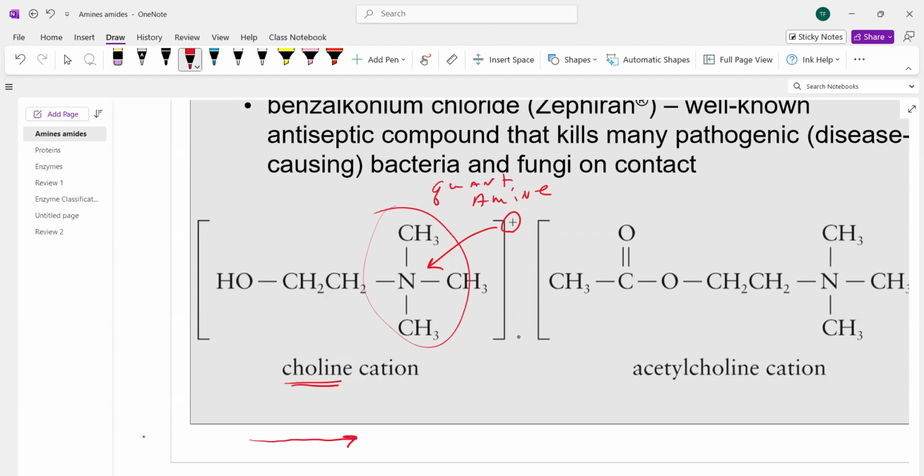And what happens is that receptor then has to be removed, or excuse me, the neurotransmitter has to be removed from the receptor, otherwise the receptor can't function anymore. So there's an enzyme called cholinesterase. And what it does is it removes the choline from the receptor. Now, there is a pesticide called a cholinesterase inhibitor, meaning that it ties up that enzyme so the enzyme can't function to remove the choline from the receptor.